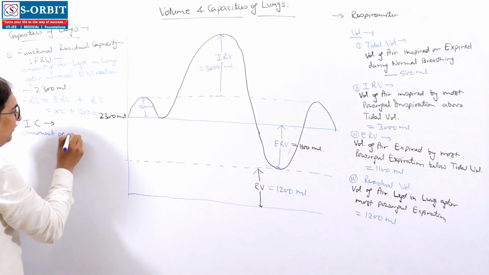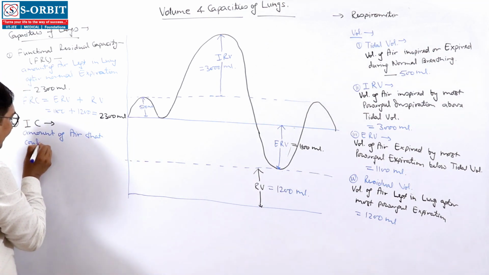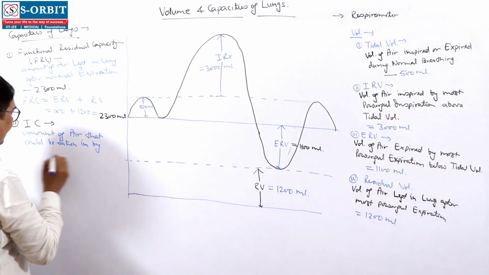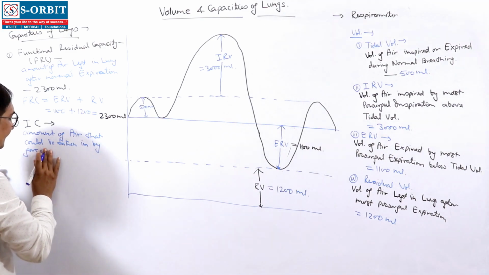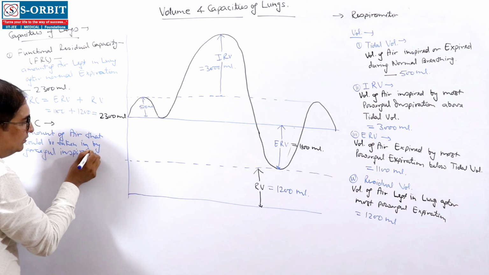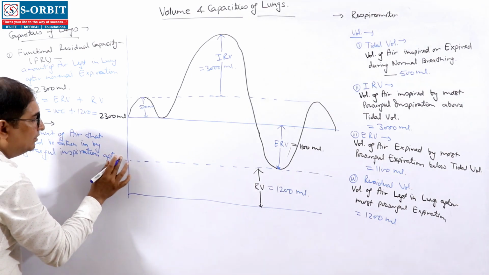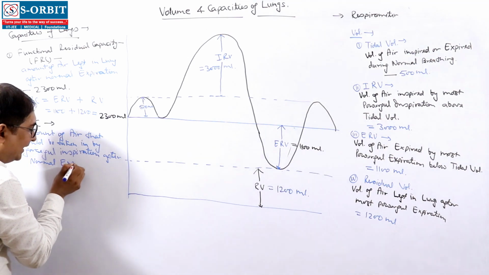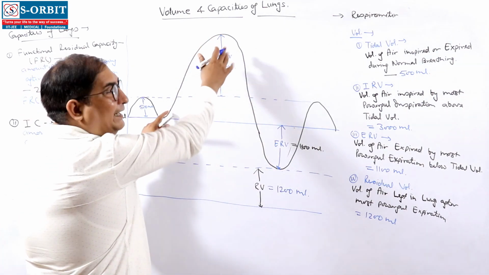So the amount of air that could be taken in by forceful inspiration after normal expiration is our inspiratory capacity.